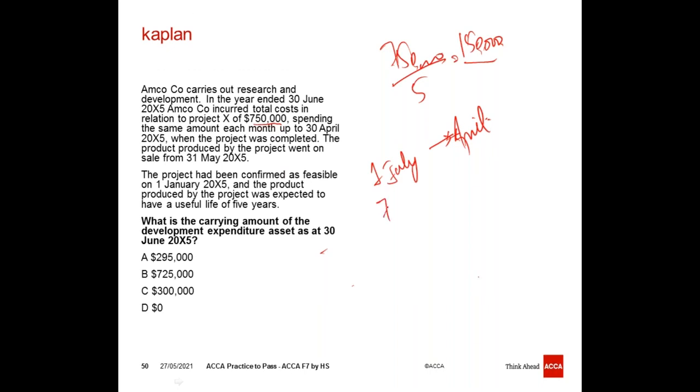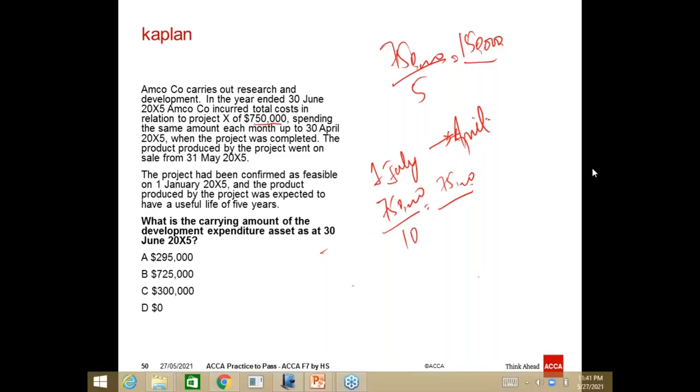So this amount will be 7,50,000 divided by 10 months. It will be 75,000 for each period.